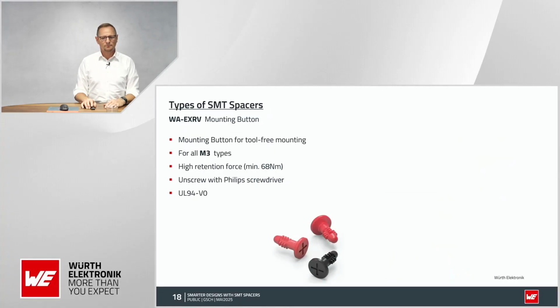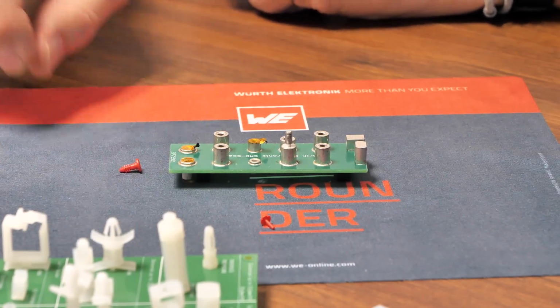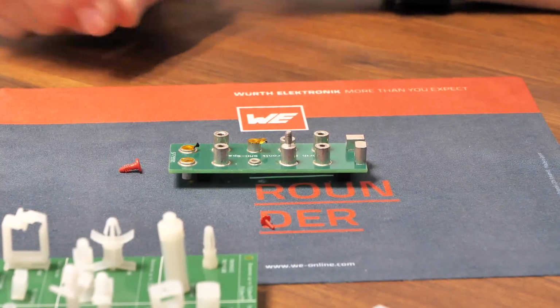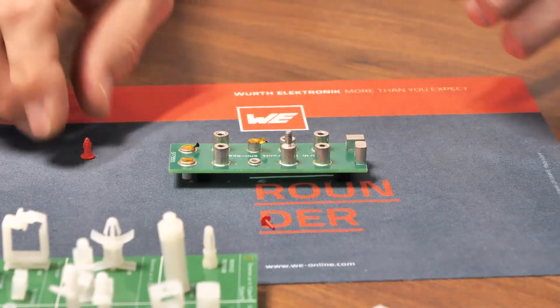So for the next type, this is our mounting button. It looks pretty much like, or goes in the same direction. Maybe I'll show it again here on the sample PCB. You see this kind of look. It's a little bit like a screw, but if you take it upside down, then it looks like a Christmas tree.